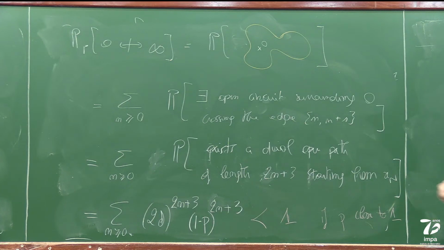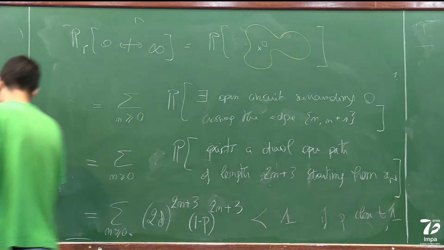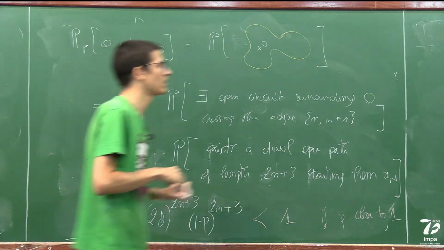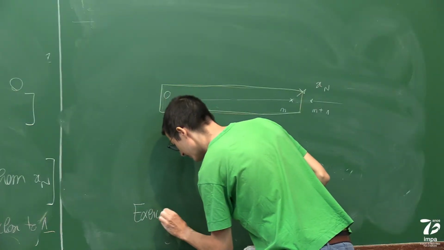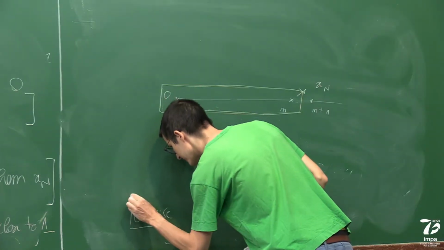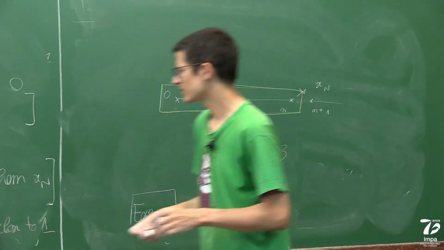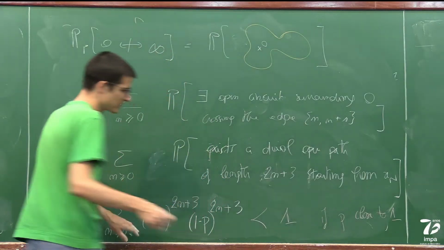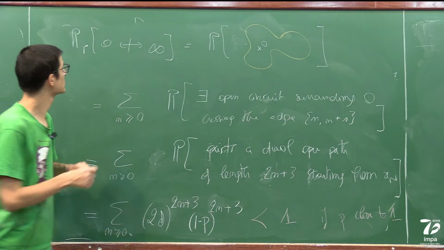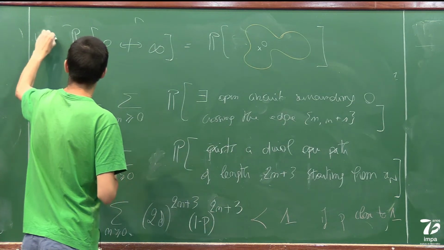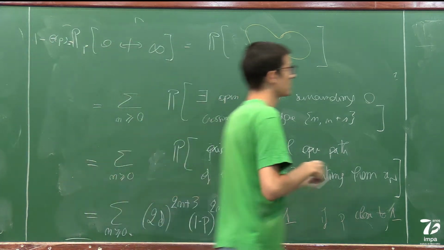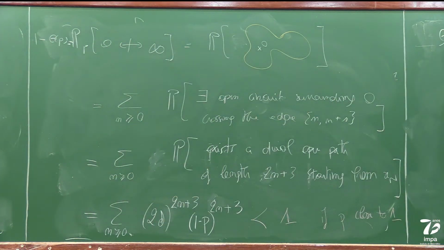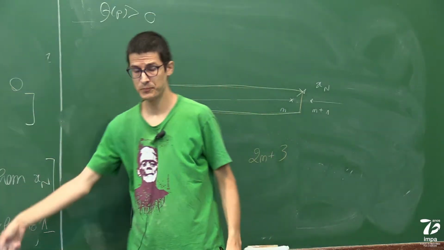So here, in fact, this gives you an explicit bound on 1 minus theta p, and this gives you that theta p is larger than 0.